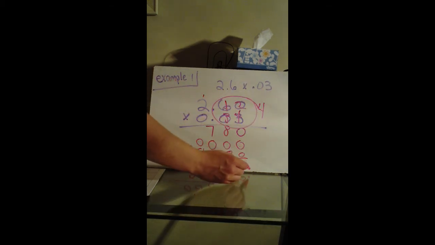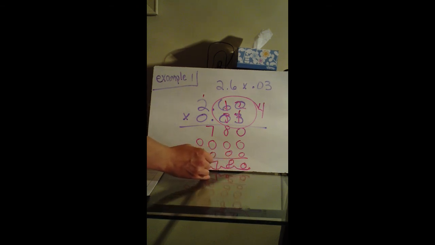So 4 places, 1, 2, 3, 4. So my decimal goes here, and my answer is 0.0780. And this concludes just a very quick video on another method of looking at how to multiply decimals.